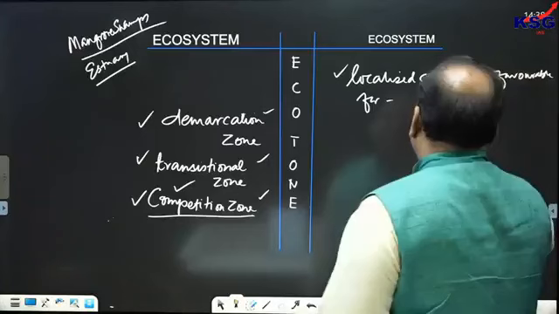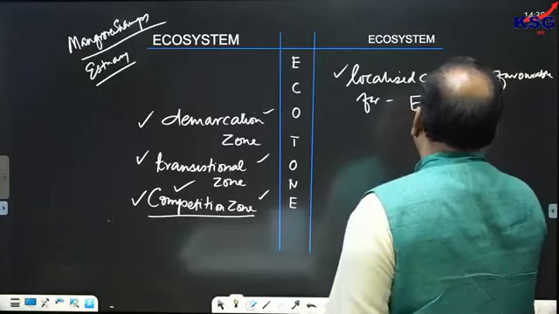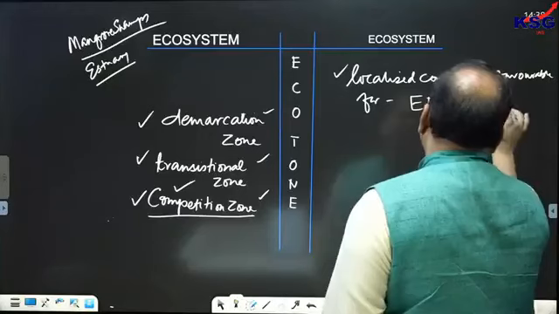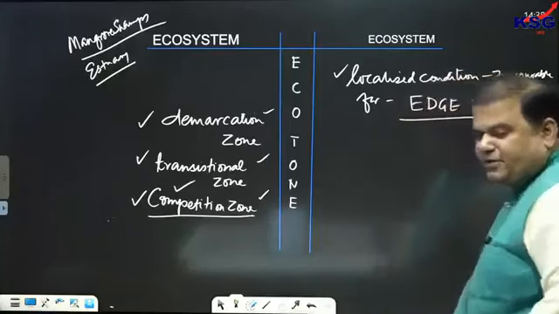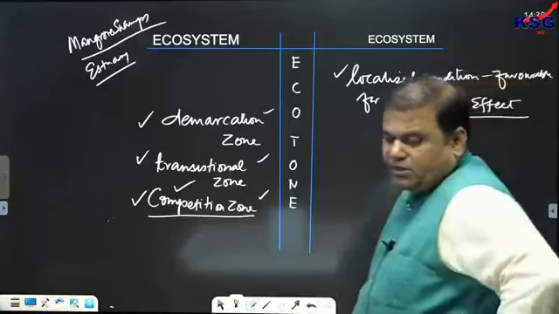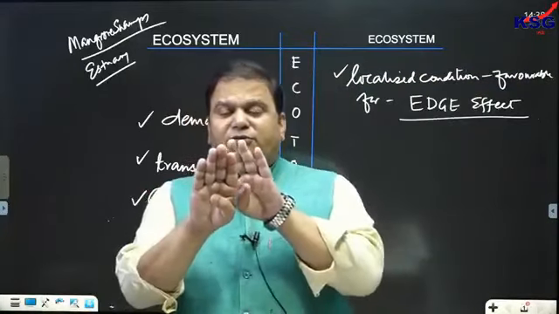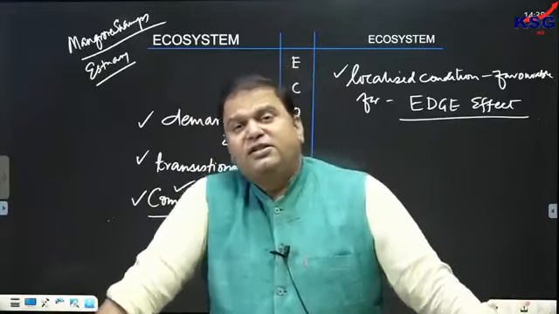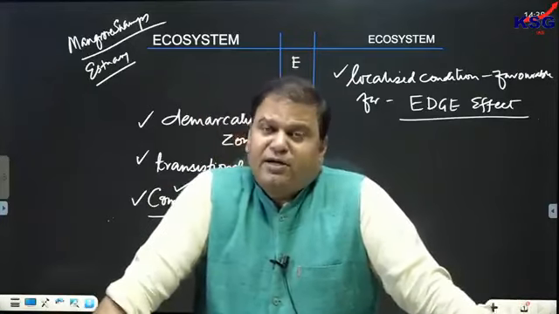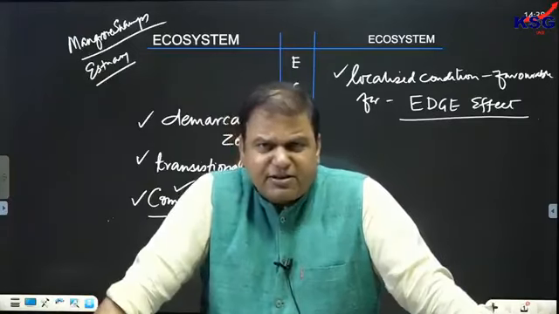This phenomenon is called edge effect. So we can see in this area the localized condition is favorable, and why? Because the margins of two ecosystems are overlapping. So localized condition in this area is favorable for development of a large number of species, and this area consists of immense biodiversity.